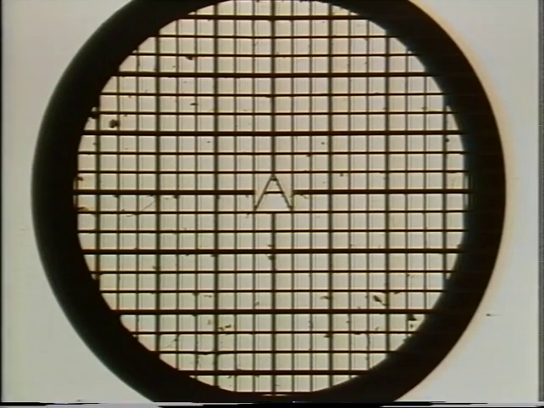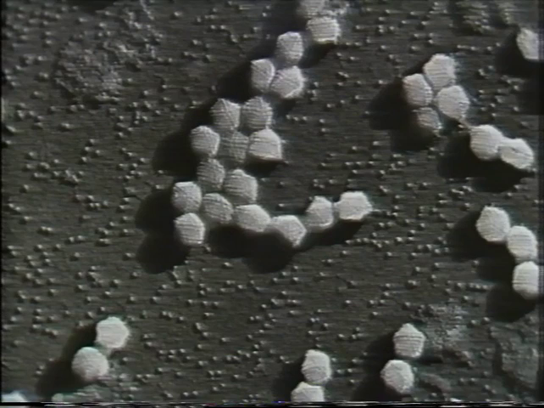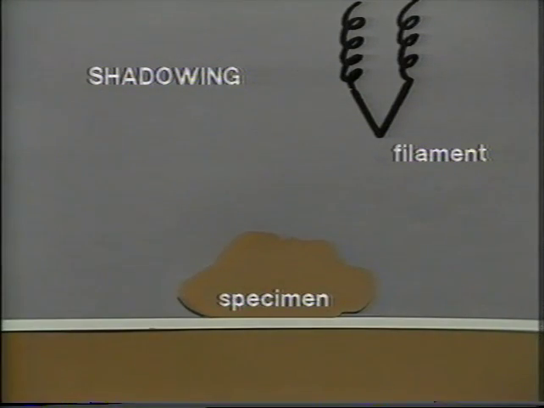For some specimens, a suspension of viruses for example, the electron density is increased in one of two ways to produce a high contrast image like this. The first, called shadowing, involves coating the specimen with a heavy metal.